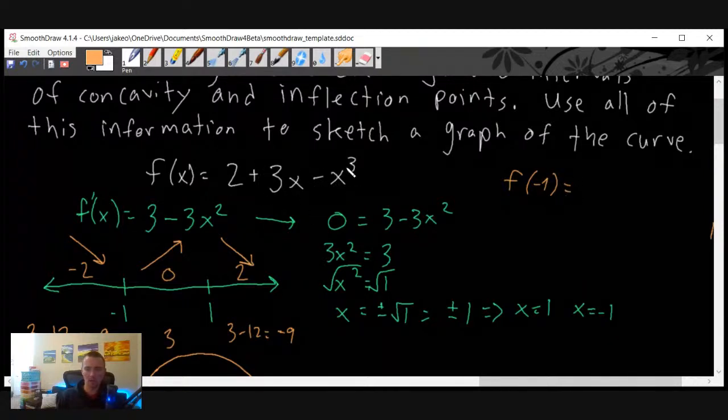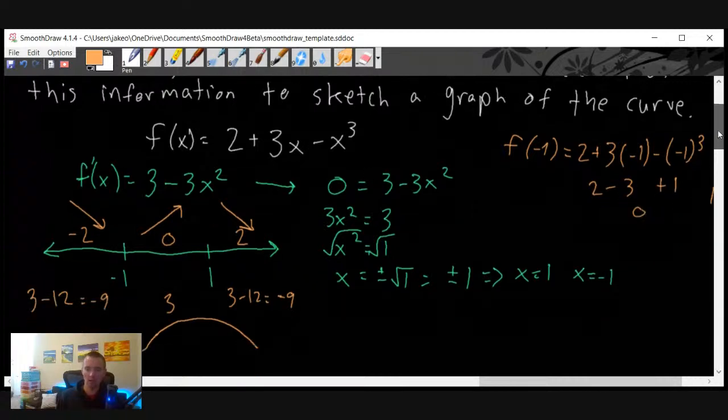Let's write out how we would do that. -1 cubed is -1, but there's a negative here, so we get +1 there. 3 times -1 is -3, and then 2. So 2 minus 3 is -1, plus 1 is 0.